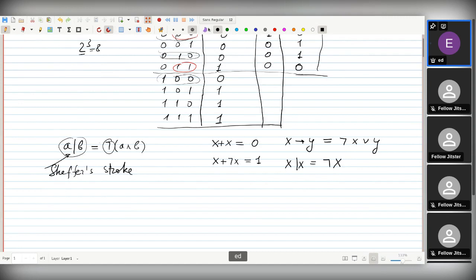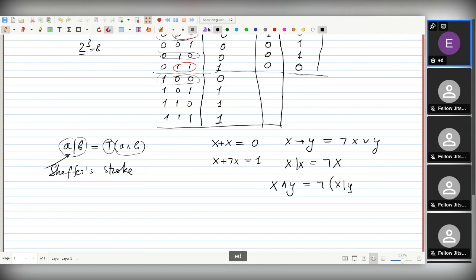But if we have obtained negation, we can easily obtain conjunction as well. How can one obtain conjunction, provided one has just this Schaeffer's stroke at his disposal? Do you have any idea? If Schaeffer's stroke is not conjunction, so what is conjunction?